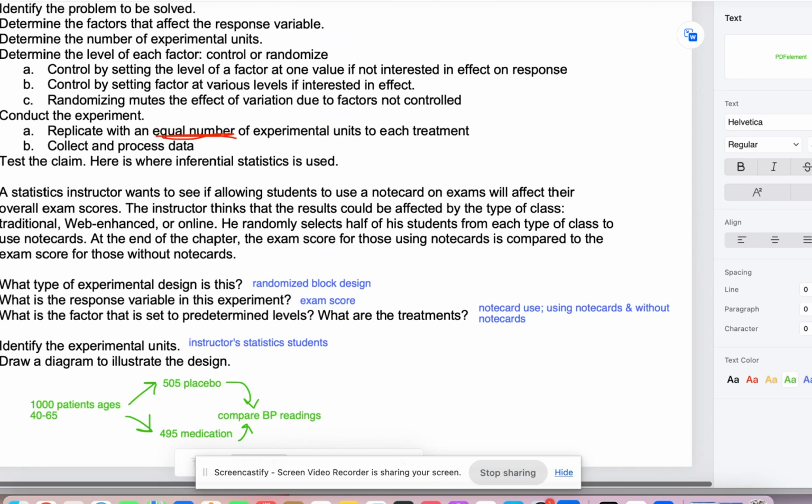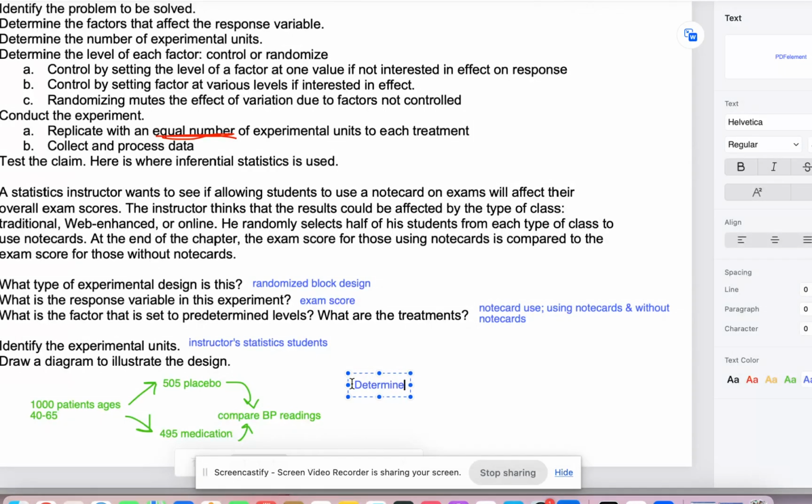Now we're going to do one for this particular example. So because this is randomized block design, the first thing that we're doing is determining which block an experimental unit or subject is going to.